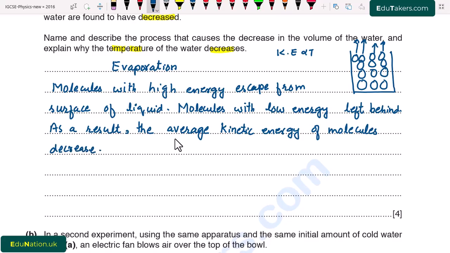And the temperature is directly proportional to the average kinetic energy. So the decrease in average kinetic energy causes the temperature to decrease. So I write here, this causes the temperature to decrease.